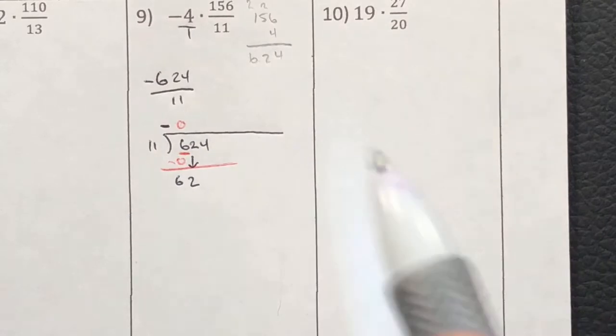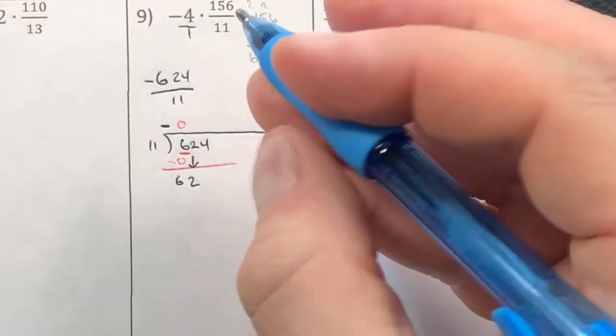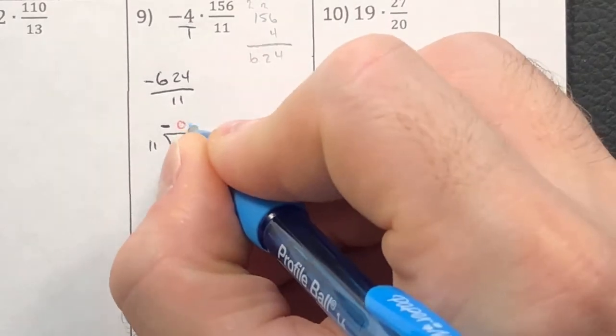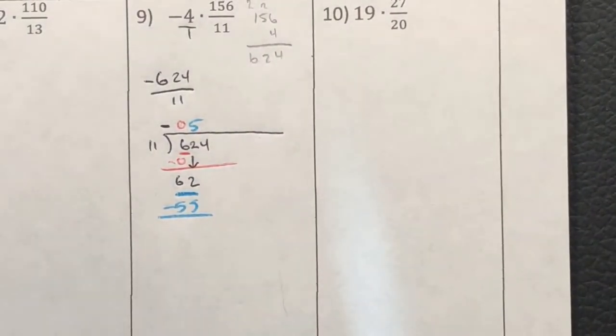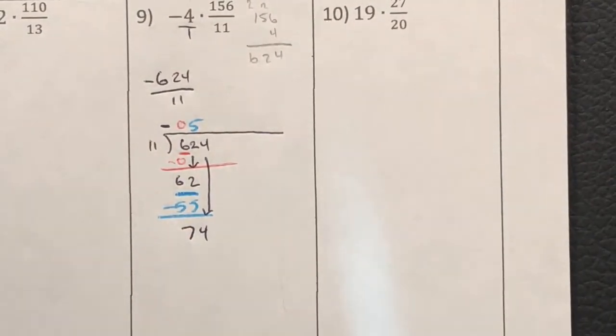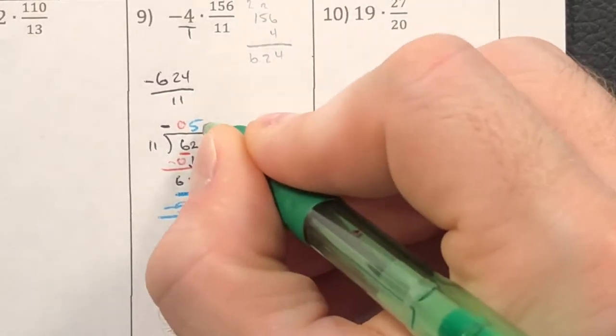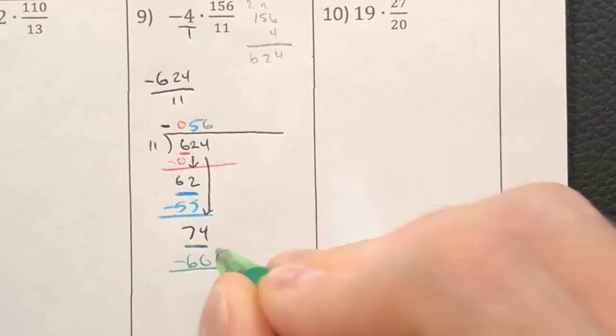Does 11 fit into 62? Well, yes, it does. It fits in exactly 5 times. And so we said we did this in blue. 11 times 5 is 55. When we subtract that, we get 7. Drag down the next number. 11 fits into 74 6 times, and that gives us 66.